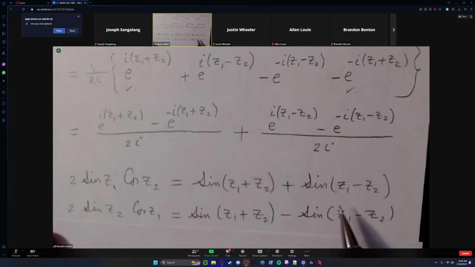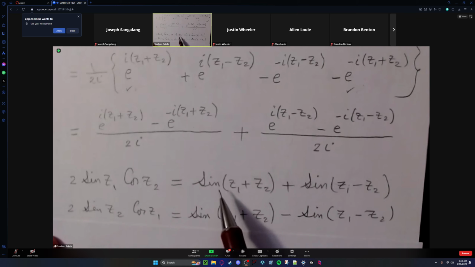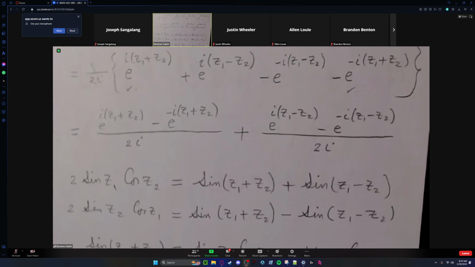But here we will get sine of z2 minus z1. But I will factor negative 1 out. Now, the purpose of doing this is if I add these 2 equations now, these 2 will cancel out. On the right-hand side, I will get 2 sine of z1 plus z2. On the left, the sum of these 2, okay? So this is what we get.